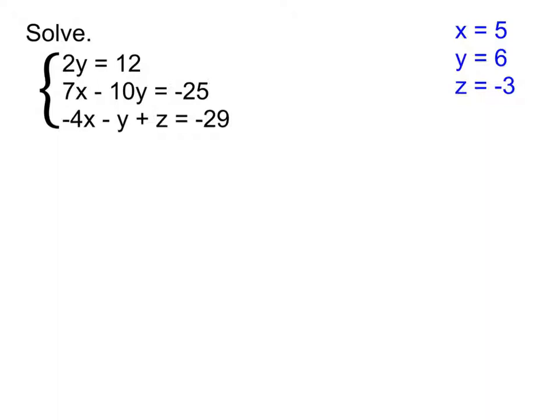Now, you'll notice here that I've written my answer as x equals, y equals, z equals. In our previous systems that we've been solving, I have actually written it as coordinate pairs, ordered pairs. Can you do that with this? Could we write it as 5, 6, negative 3? Is that actually a possibility?